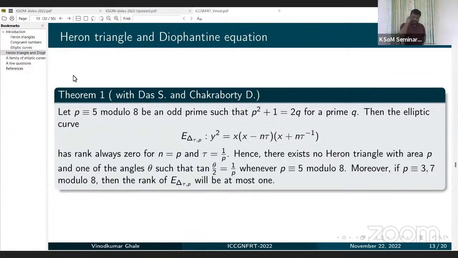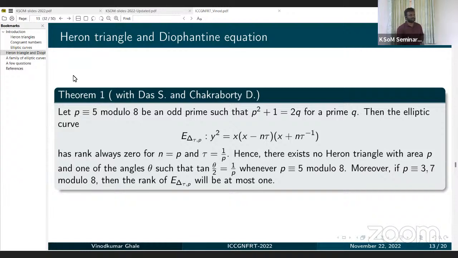Using this information, what we did is, for 5 modulo 8, for this class, where p squared plus 1 is equal to 2q, the corresponding elliptic curve has rank 0. It means there are no rational triangles with such areas, with this kind of p, where one of the angles has tan theta by 2 equal to 1 by p. And when p is 3 or 7 mod 8, then the rank is at most 1.